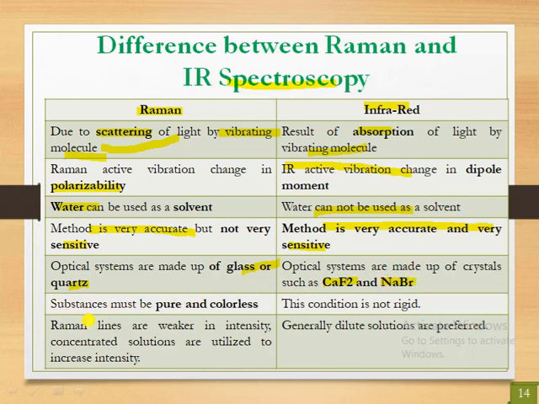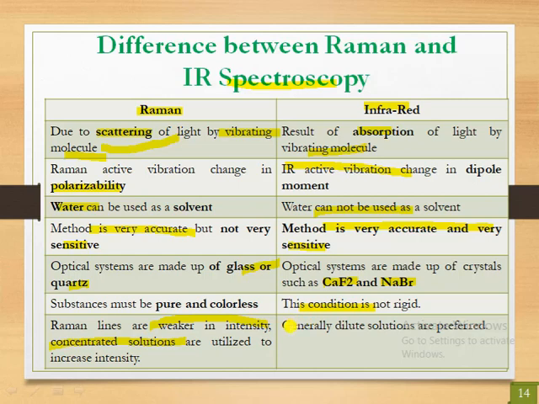In Raman, the substances must be pure and colorless. It's a requirement. Here this condition is not applicable. Raman lines are weaker in intensity, as we have seen, but you can increase the intensity of the lines by increasing the concentration of solutions.